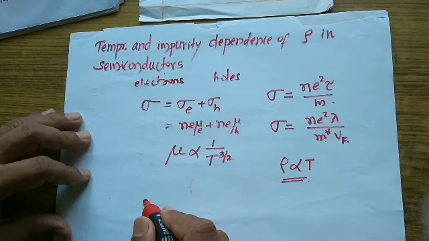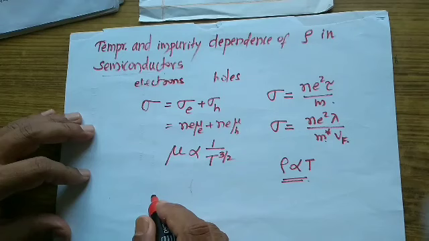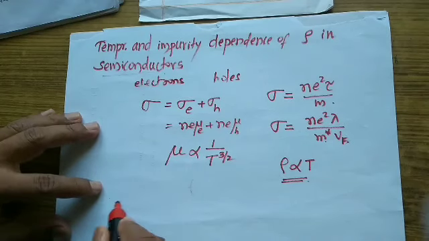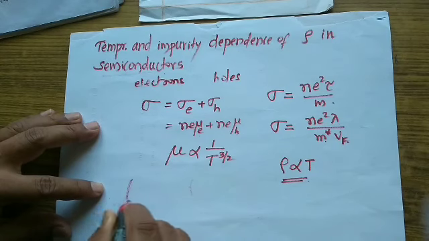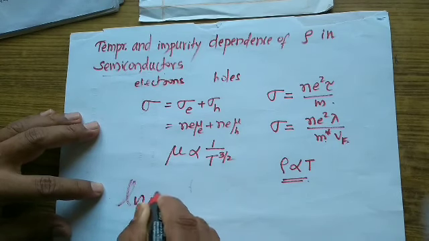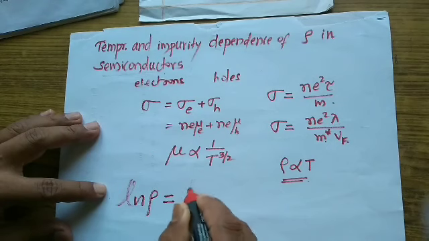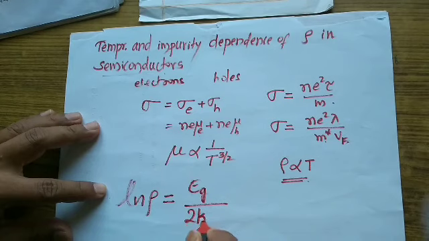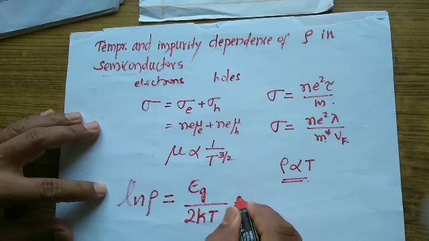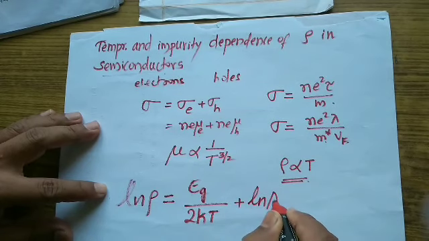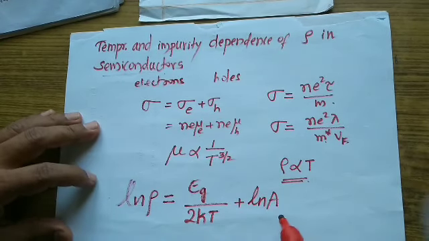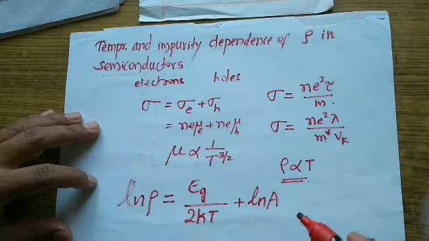Let us now understand why resistivity decreases with increasing temperature or vice versa in a semiconductor. It has been shown that the natural log of resistivity in a semiconductor is equal to energy gap divided by 2kT, plus a constant, natural log of A. k is the Boltzmann constant, T is temperature. This represents a straight line equation.